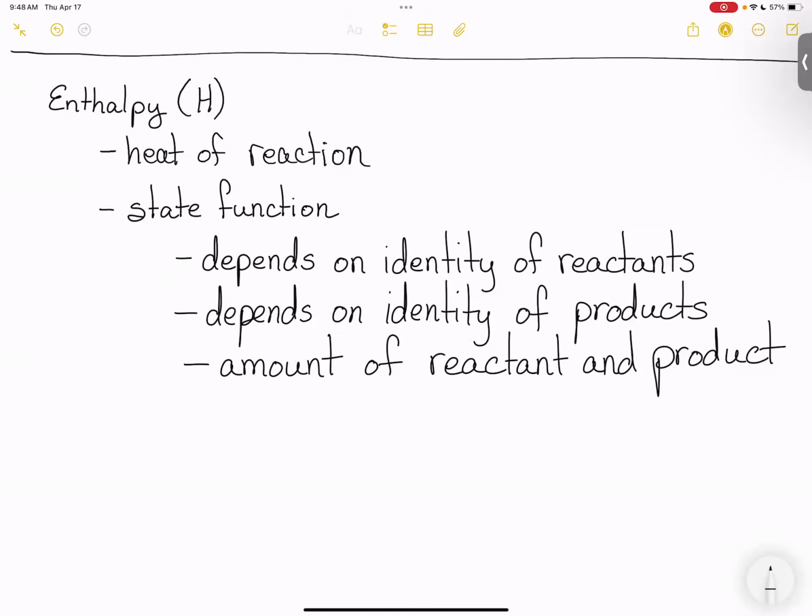But if instead I light an entire row of firecrackers, is it going to be more or less energy? Or the same? It's going to be more. That's because I had more firecrackers to start with. So that's why the state function depends upon the amount of reactant and product.